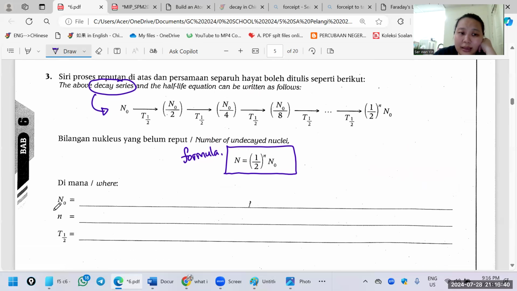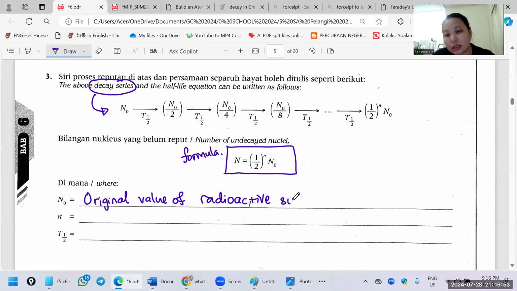Okay, what is N0? N0 means original value of radioactive substance.